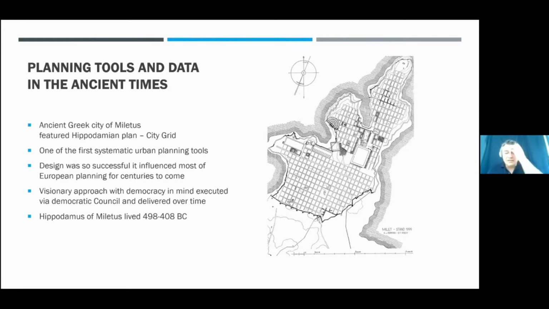I will not go through the details, obviously. I just put it there so you can Google it and find more if you're interested. But more importantly, it had such a huge impact on European design, and from that point on the world design of cities, and it was executed over about 200 years.